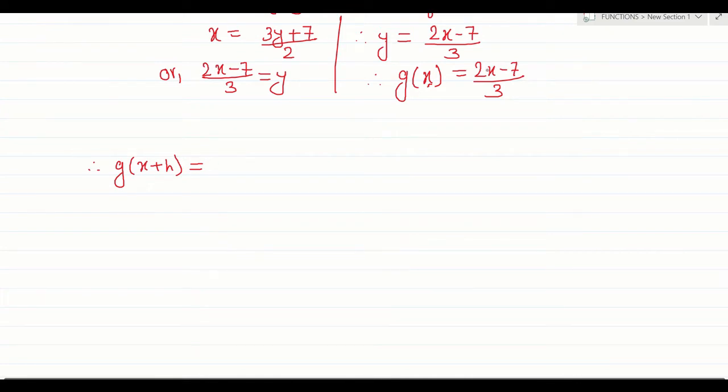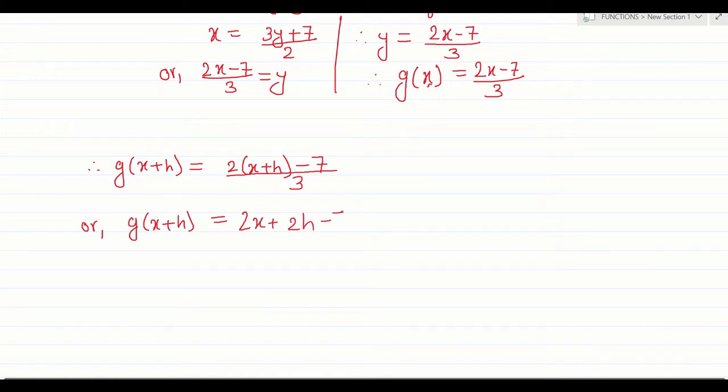So 2 times (x plus h) minus 7 over 3, or g(x plus h) is equal to (2x plus 2h minus 7) over 3, isn't it?